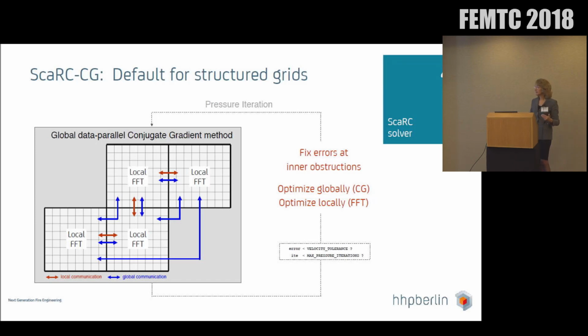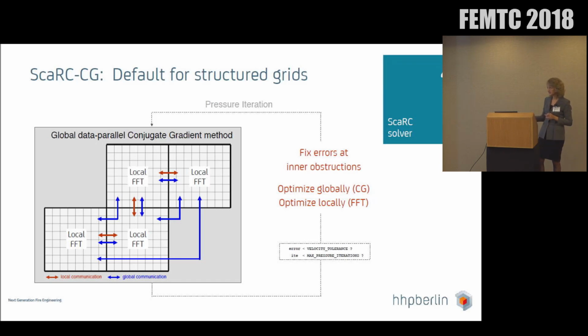Instead of the global iterative method, it uses a global data parallel conjugate gradient method, which is a well-known method, which is very robust, which uses global scalar products and provides a rather good global data transfer.